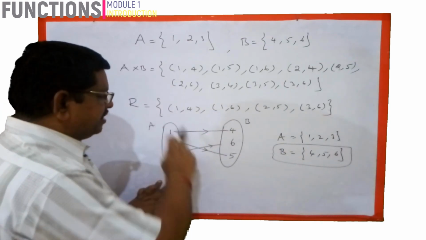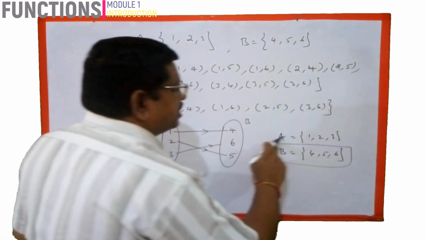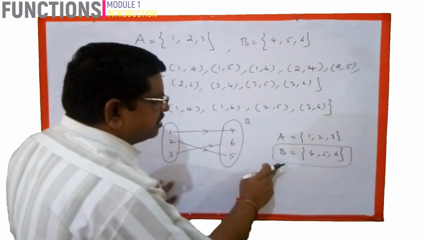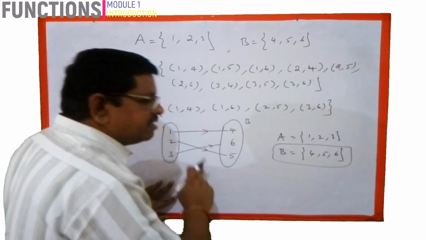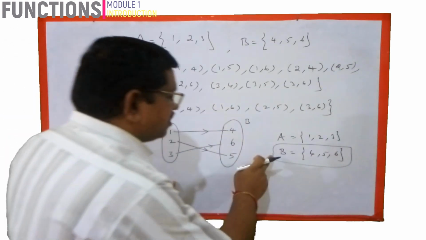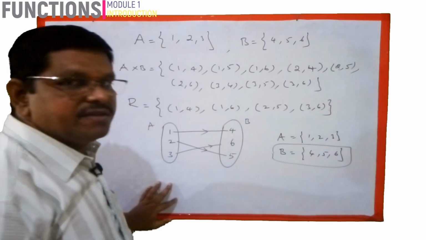Set A has the elements 1, 2, 3, so that is called the domain. B is also called the codomain. B is called the codomain and range.